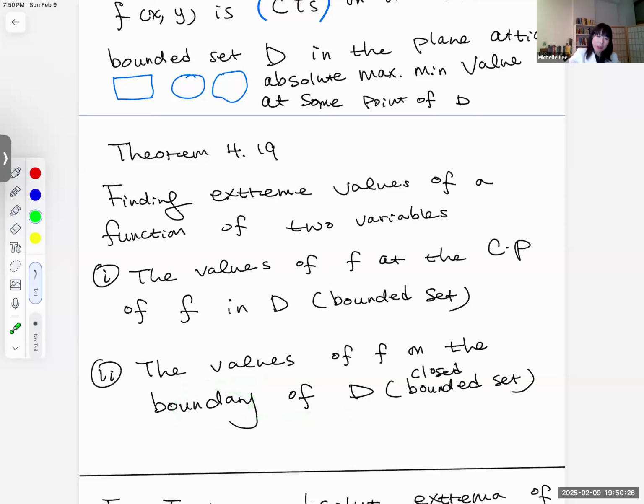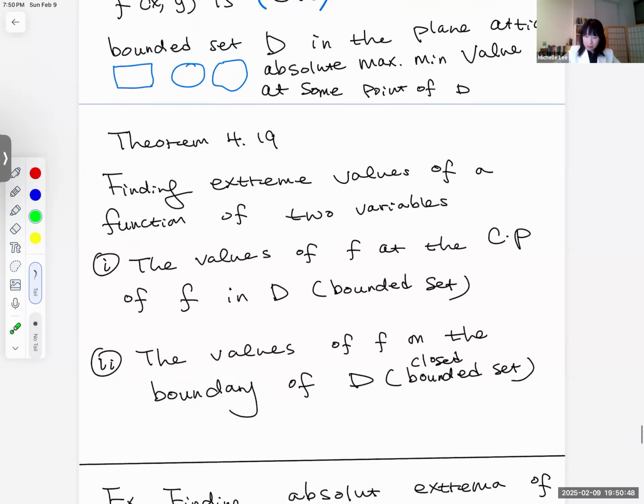Yeah, so boundary means this is the boundary, and the bounded set is the inside. So we can find extreme values, meaning absolute maximum or absolute minimum, right?